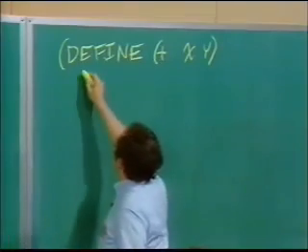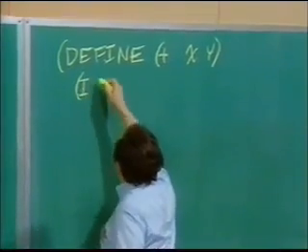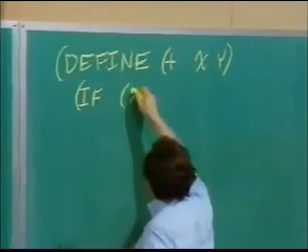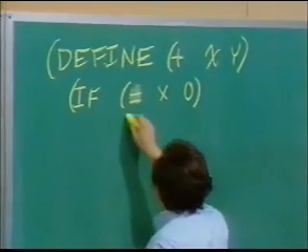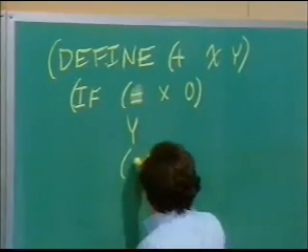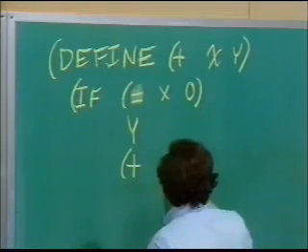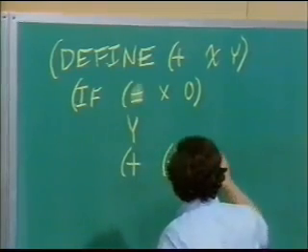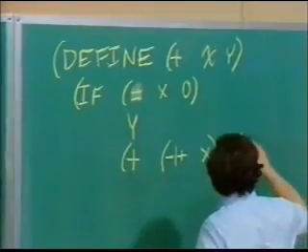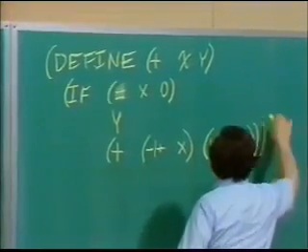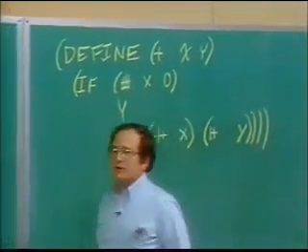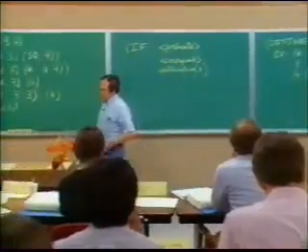Okay? And we're going to see this for a little bit. It's a very important program. If x equals 0, then the result is y. Otherwise, this is the sum of the decrement of x and the increment of y. We're going to look at this a lot more in the future.